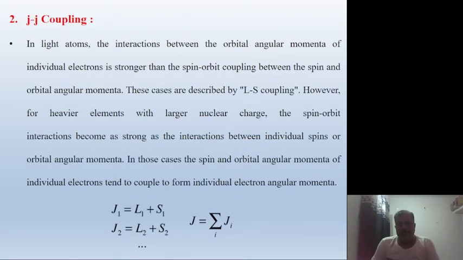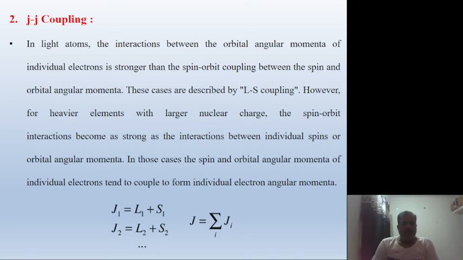Then second one is JJ coupling. In light atoms, the interaction between the orbital angular momenta of individual electrons is stronger than the spin-orbit coupling between the spin and orbital angular momenta. These cases are described by LS coupling.